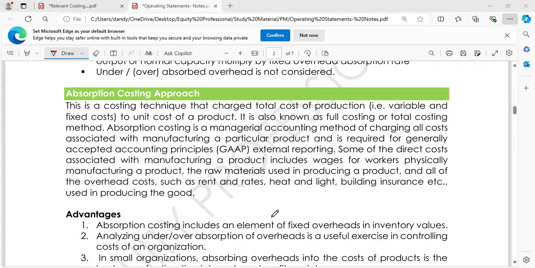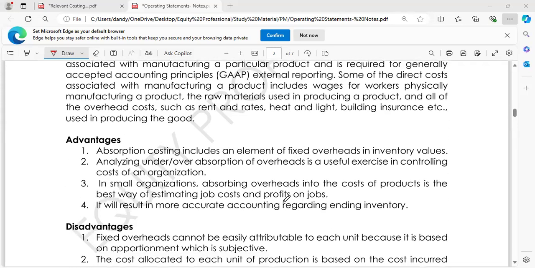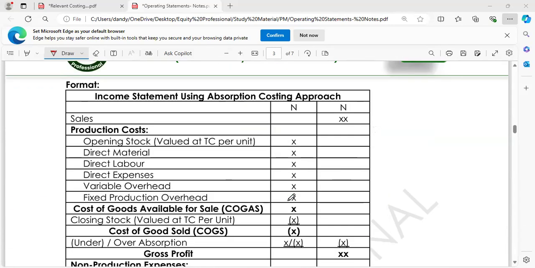Then we now talked about the overhead assumption. I mentioned to you that overhead assumption, even though it's not in this material, is the same thing as when you talk about overhead. Overhead simply means indirect cost.